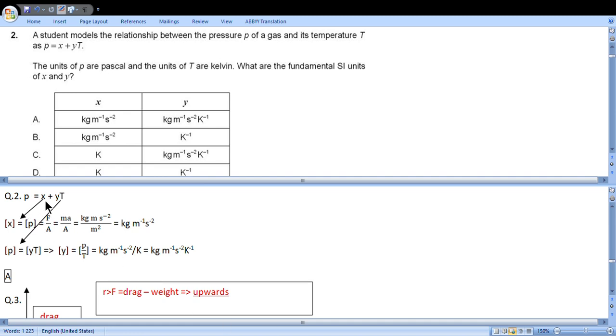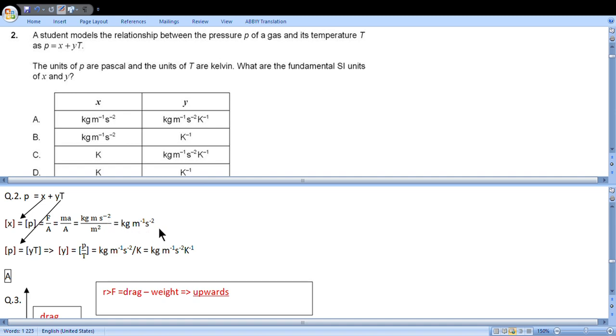So X should have the same units as P. So we write one equation for units. And P should have the same units as YT, and Y should have the same units as P over T. So X should have units of pressure, and units of pressure are force over area, MA over area, kilogram meter per second squared, over meter squared.